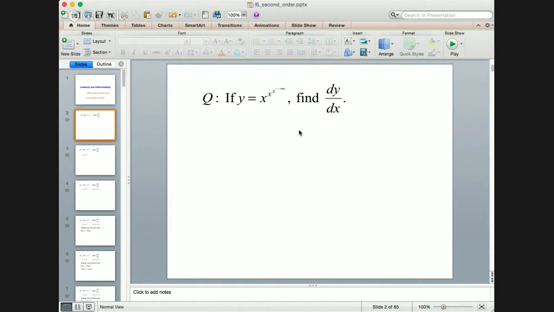So look at the Q&A bar that's running on the side, and let me know what exactly makes you work from this step. How would I start finding the derivative of y with respect to x? How do I make this function more comfortable for you to work with, something that you are familiar and can get started with? So what should I do to begin the work? Any clues?